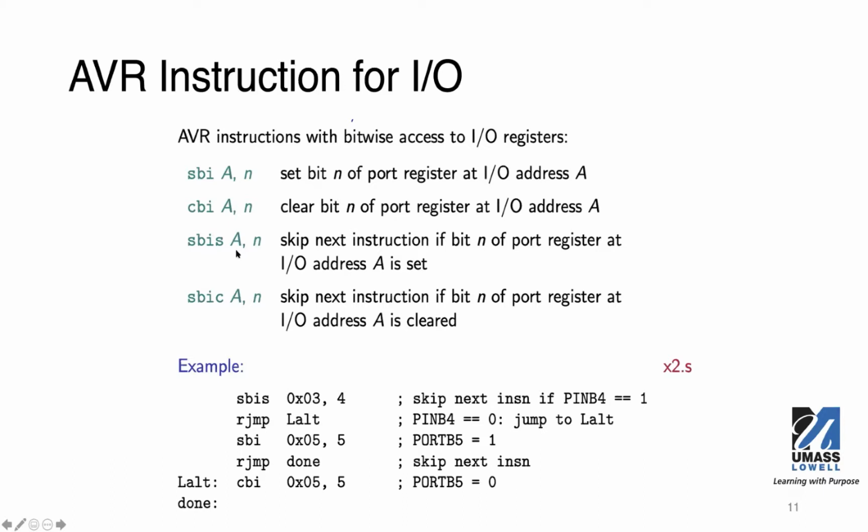For example, in the earlier case, you have the button. If you press the button, you'll be reading 1 on a particular bit. So if you use this instruction right after you get the value, you will skip the next instruction. So it's like a branch instruction, like an if-then-else. SBIC is the opposite. It will skip the next instruction if the bit is cleared, that means if that bit has a 0.